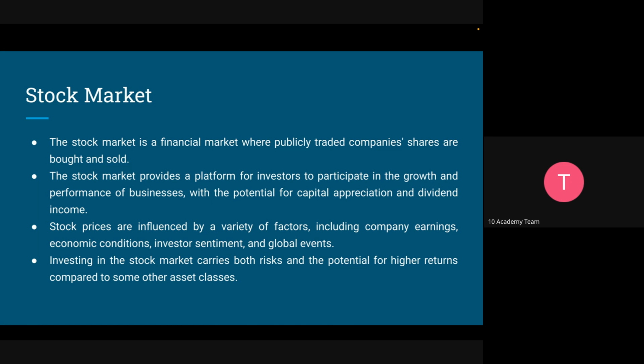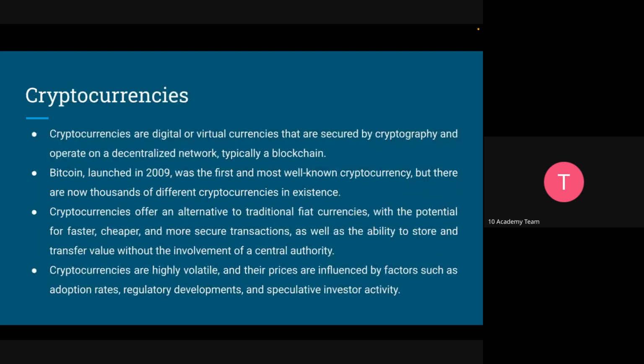So that is what the stock market is. It's a platform for investors to participate in the growth and performance of businesses, with the potential of capital appreciation and dividend income. If you have a question, you can ask, but that is what the stock market is in general.